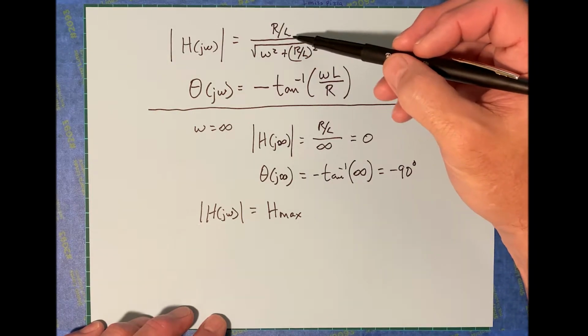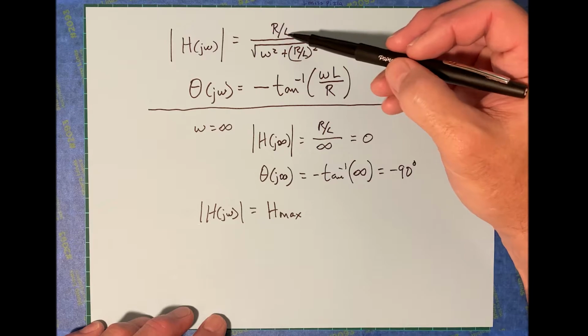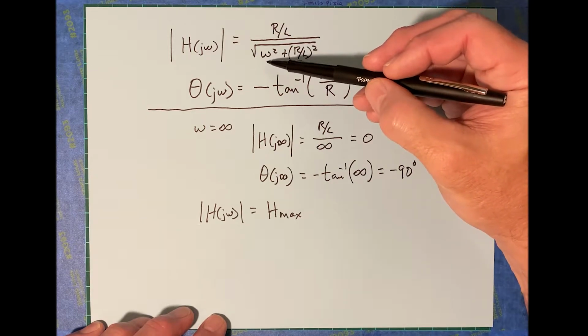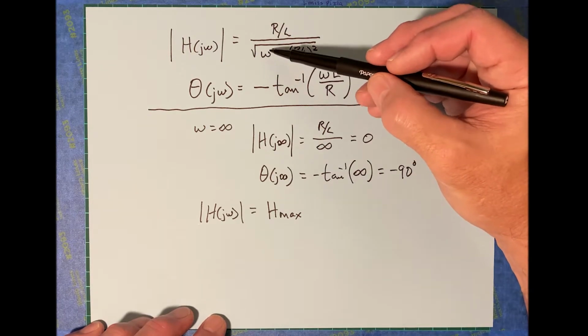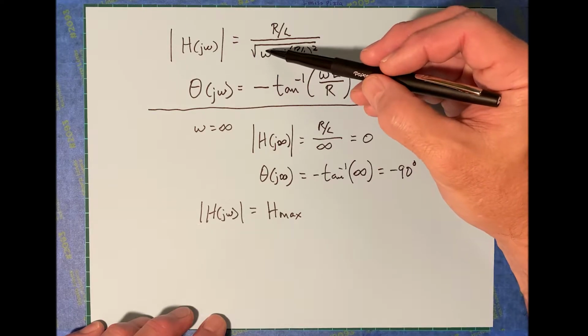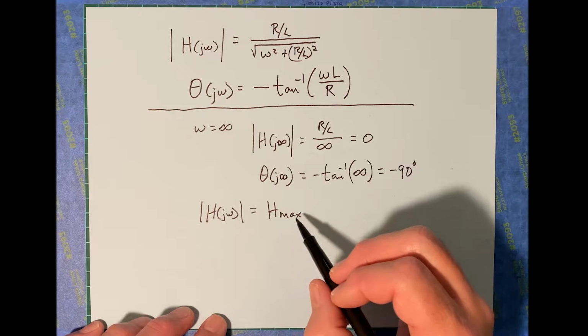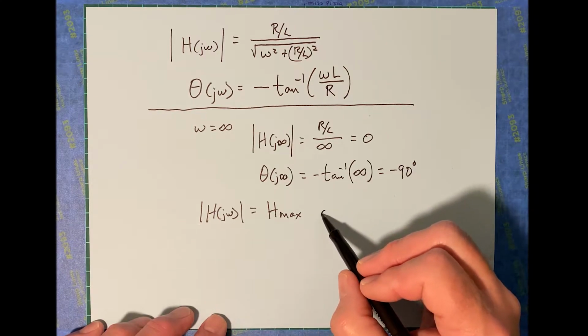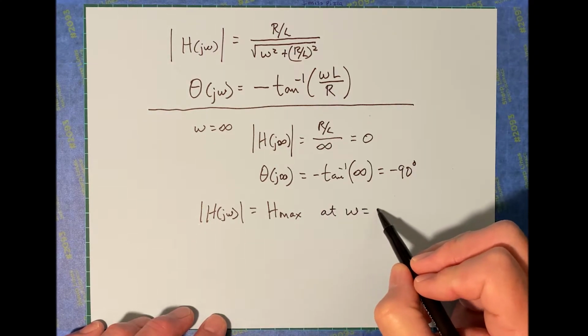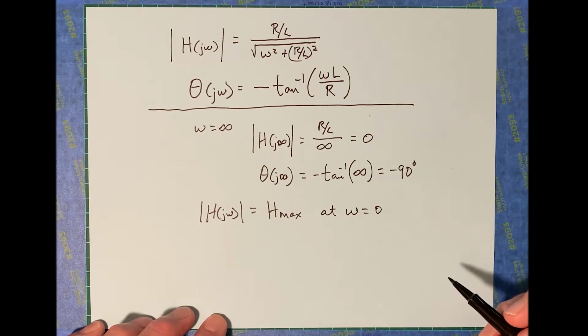The R over L is going to remain the same. Those are fixed values. The thing that we're changing here is the frequency. So when the frequency is as small as it can possibly get, which would be 0, that's where the max occurs. So that occurs at omega equal to 0.